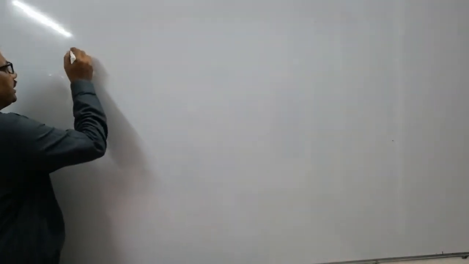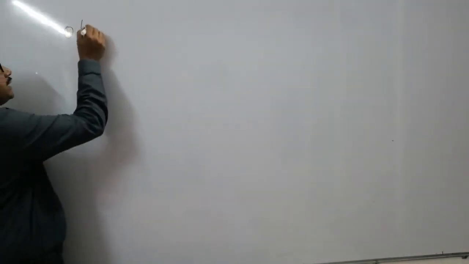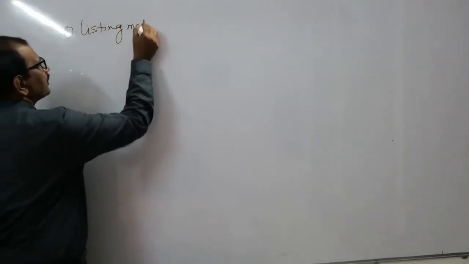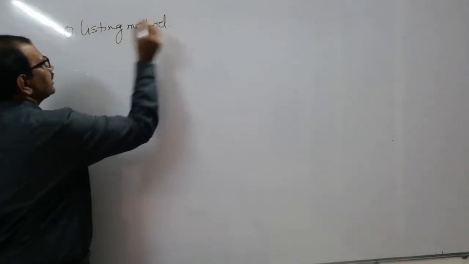Sets can be expressed or can be shown, can be written in basically three different ways. The first is known as listing method. The first way of writing any set, it is called as listing method. Right?